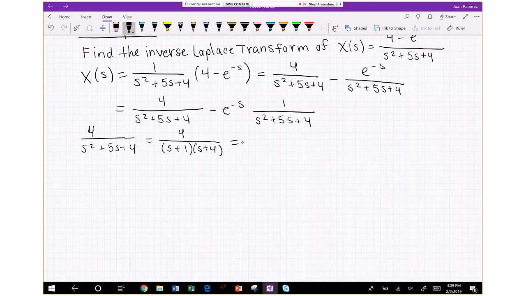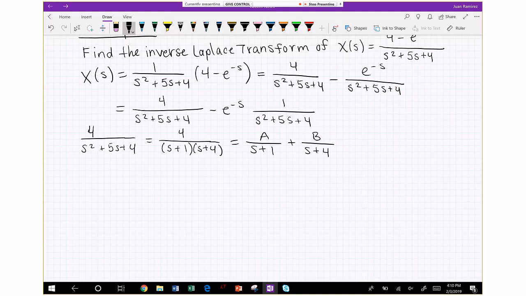So then you set that equal to a over s plus 1 plus b over s plus 4, because it's that first case of the table we covered earlier for how to decompose certain types of factors.